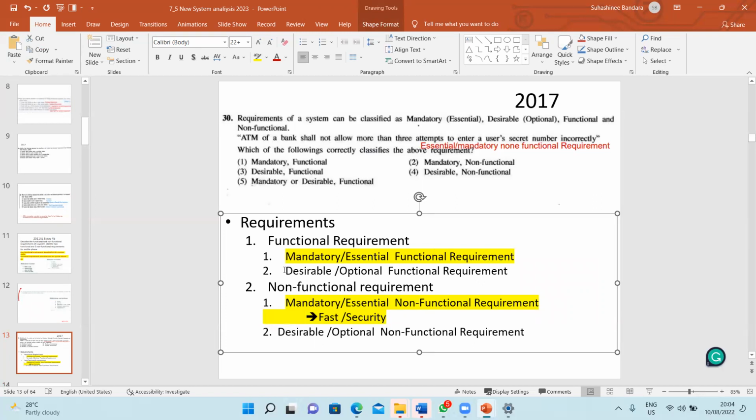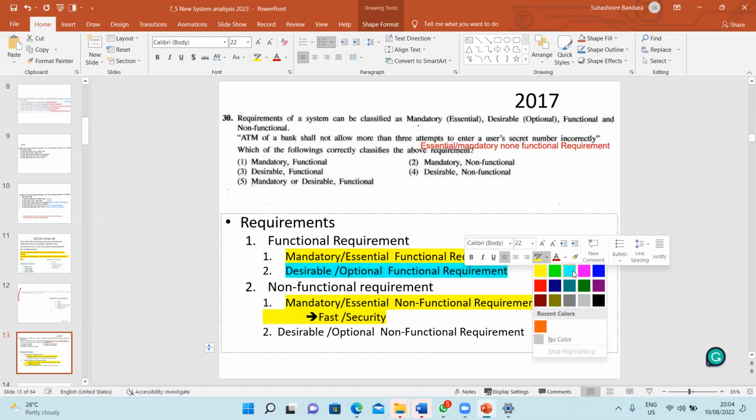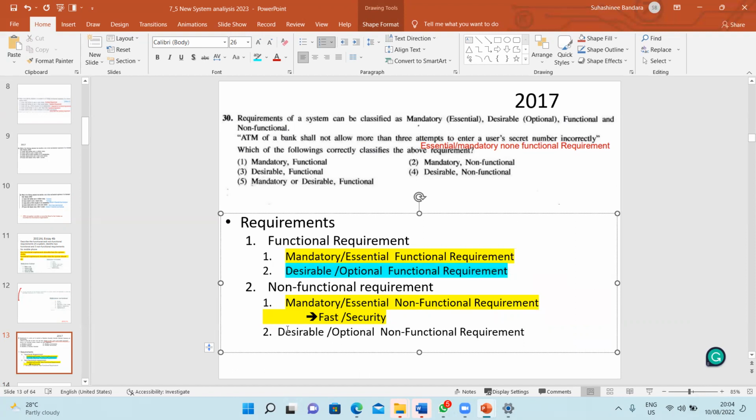Then other type, desirable or optional functional requirement. Okay. Then non-functional requirement can be optional or desirable, other one mandatory or essential. So mandatory essential functional requirement, desirable optional functional requirement, mandatory essential non-functional requirement, desirable optional non-functional requirement.